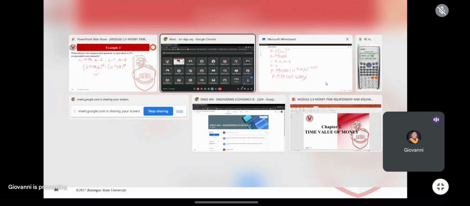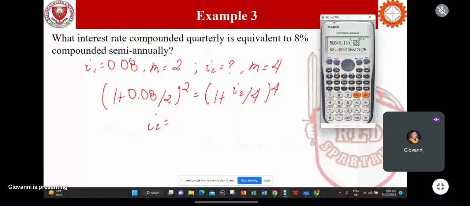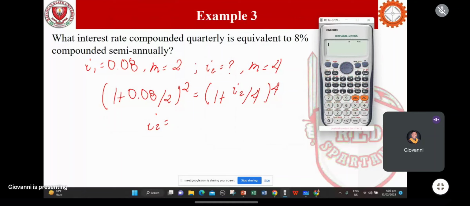Okay. So, marunong pong mag-equate sa calculator. 1 plus 0.08 divided by 2 raised to 2 is equals to, so para mapalabas ang equal sign, lahat po ng naka-red sa calculator para mapalabas, pindutin ninyo po yung alpha, then yung kung anong value ang hinahanap. X over 4 raised to 4.